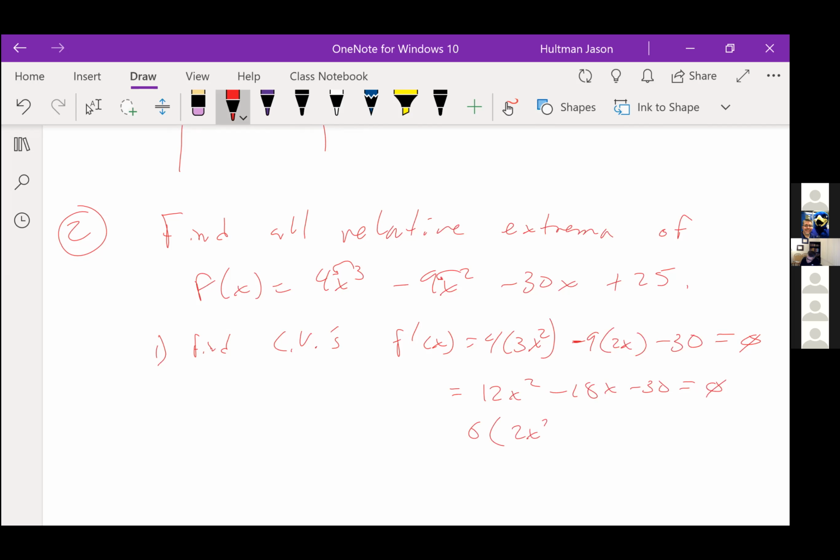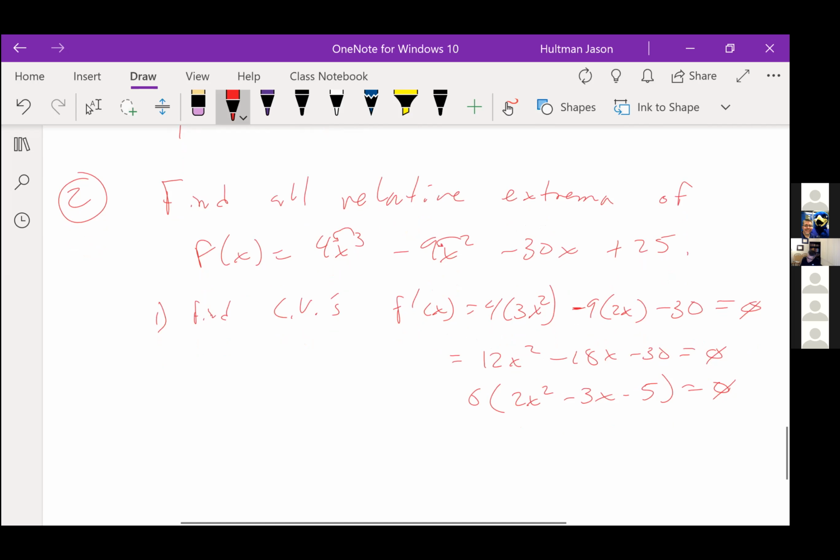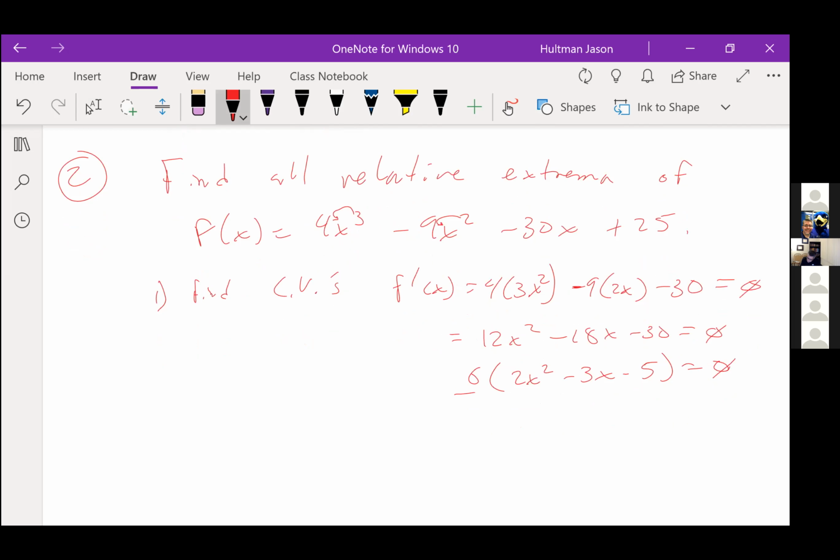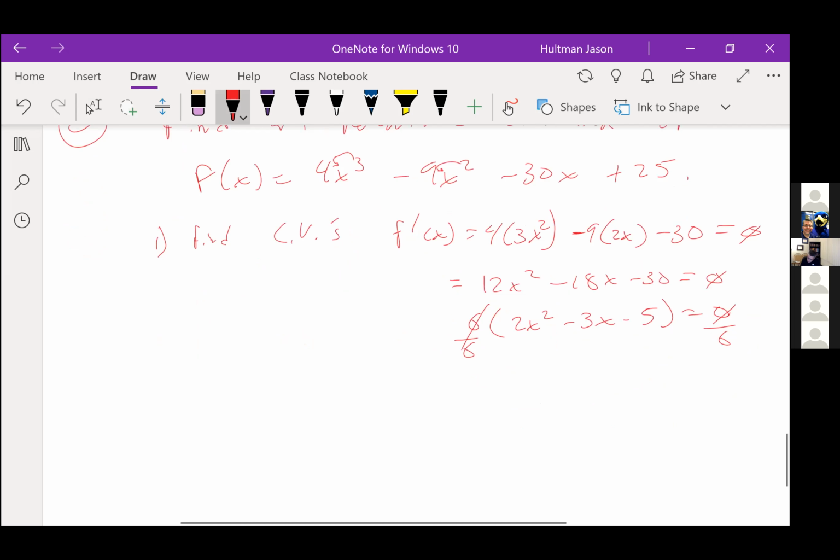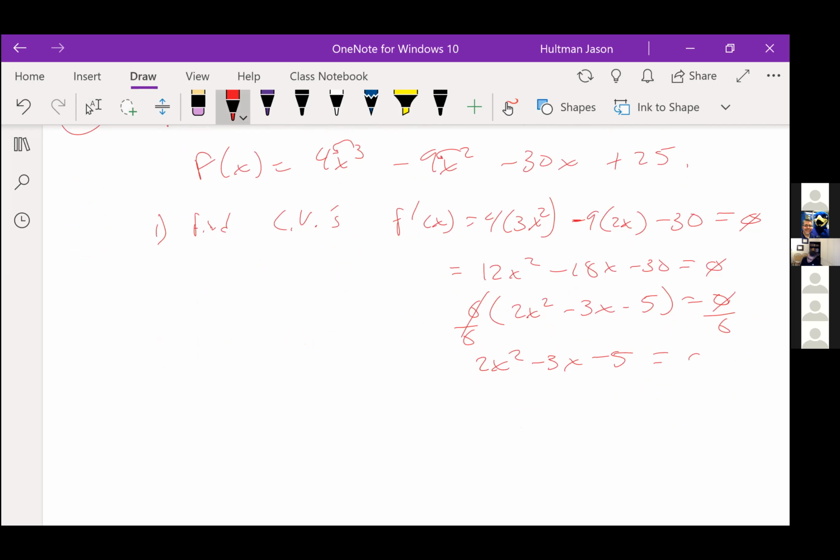So I'm going to go 6 times 2x squared minus 3x minus 5 is equal to 0. Now I can divide by 6, and I get 2x squared minus 3x minus 5 equals 0. Now I have to factor this thing.